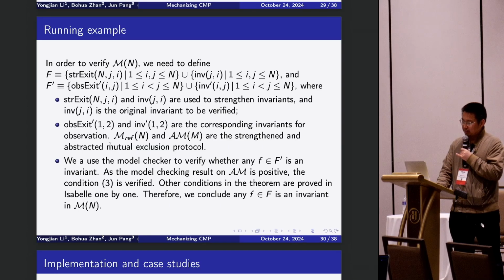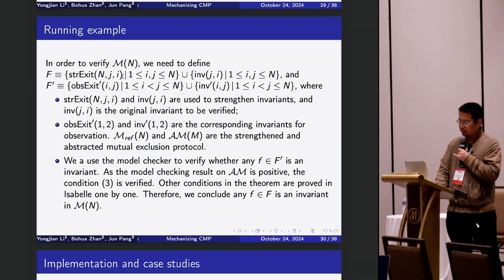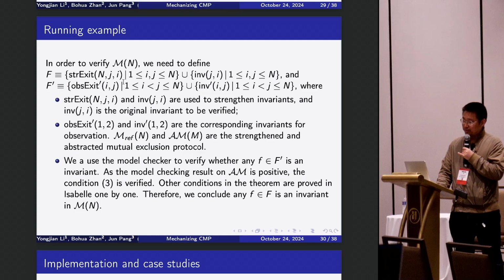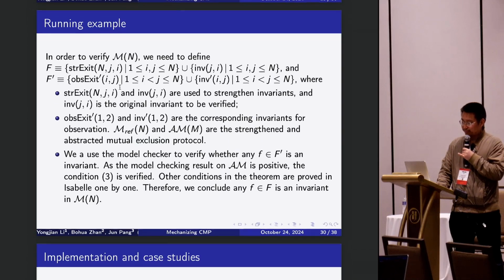We can construct two kinds of auxiliary invariants. They have two versions. The first one is the stringent form, used in the parameterized model, and the second is for the observation, used in the abstraction model.